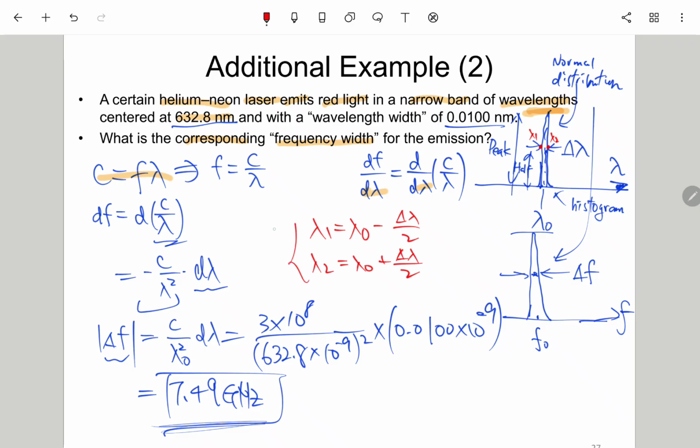Then you plug in these two into this equation. You will be able to find F1 to be C over lambda 1 and F2 to be C over lambda 2.